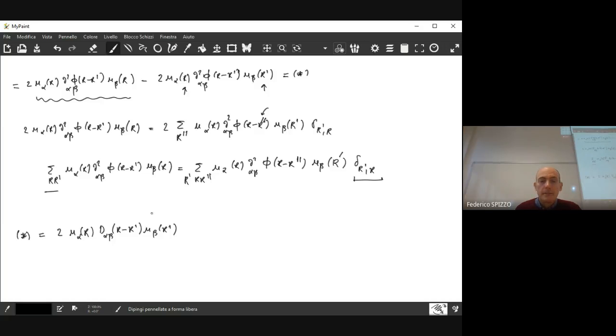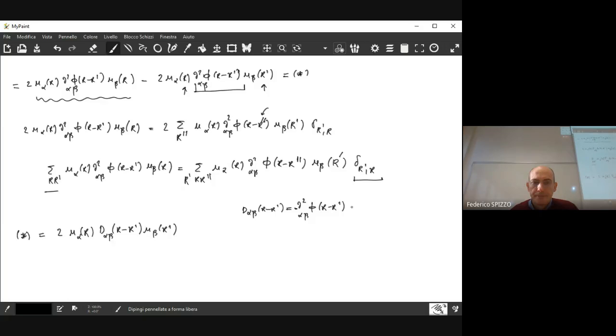D is just this matrix, the second derivative matrix, and this new term, D alpha beta of r minus r prime, is the second derivative with the minus sign in front.